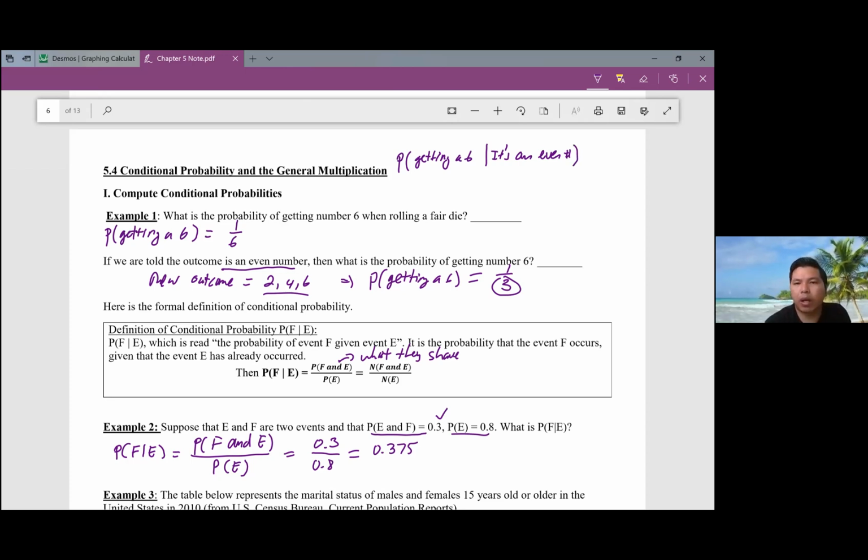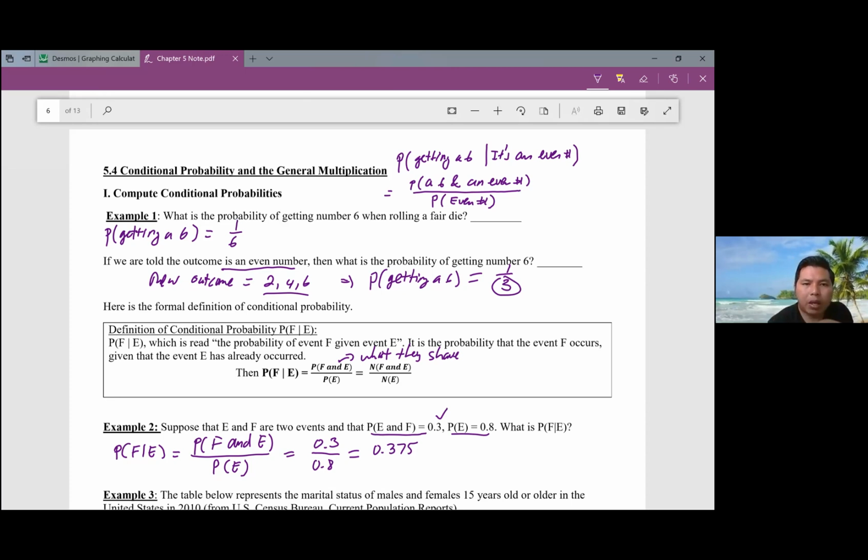Okay, so that's what we want. So this equals the probability of 6 and an even number divided by the probability of an even number.